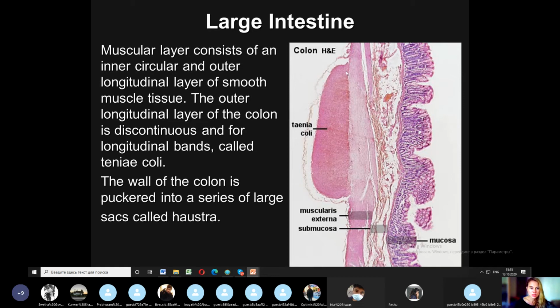Over here we can see it on the specimens. The contraction of these longitudinal bands stimulates peristaltic waves in the large intestine, and as a result, the transport of the chyme through the large intestine.